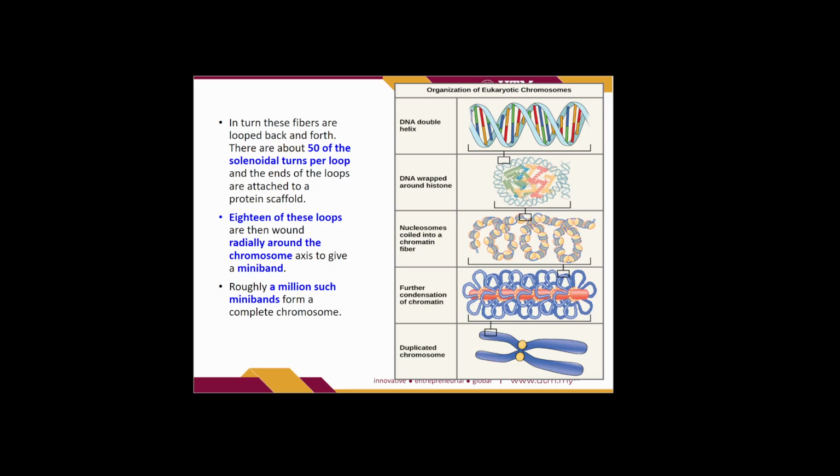This is the structure of DNA as shown. 18 of these loops will be wound around each other radially around the chromosome axis to give a mini band, which holds the most base pairs in the smallest place. Roughly 1 million such mini bands will be formed together to form the duplicated region of the chromosomes.